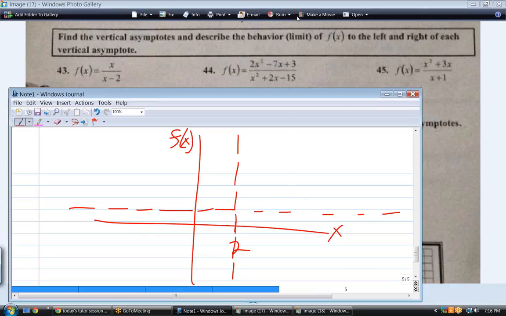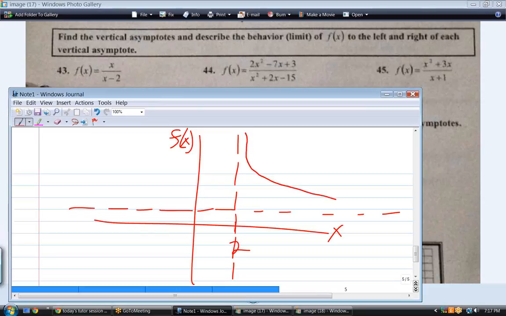Which means the end behavior is what? As I go to positive infinity, what does y go to? 1. And as I go to negative infinity, what does y go to? Remember, that's the definition of horizontal asymptote. It's whatever you go to as x goes to both positive and negative infinity. So it's 1 in both situations.